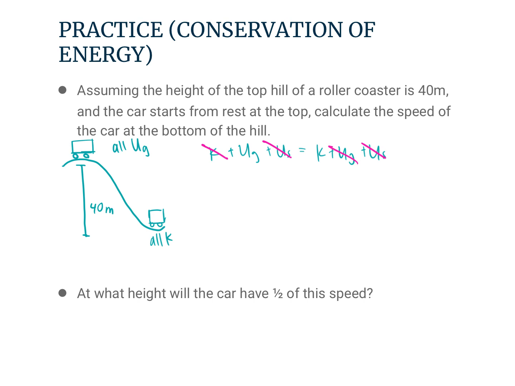Okay? mgy equals 1/2 mv squared. Right? And like we said in our last problem, our mass is going to go away. Okay, mass is going to go away. So I'll cancel my mass.